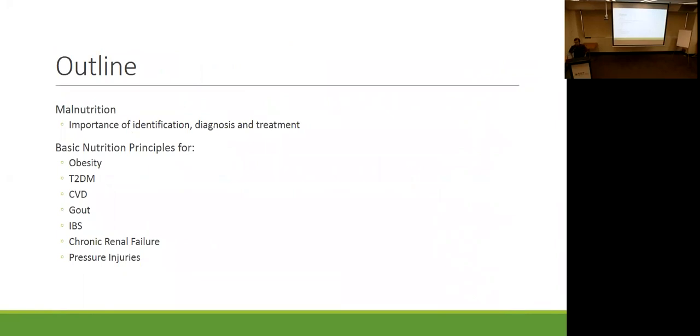So I was asked to prepare a talk on basic nutrition principles in relation to chronic disease in the rehabilitation setting. What I'd like to focus on first, because I think it's really important, is malnutrition, one of the most commonly seen nutrition-related conditions that you'll come across. And that in itself is a chronic disease.